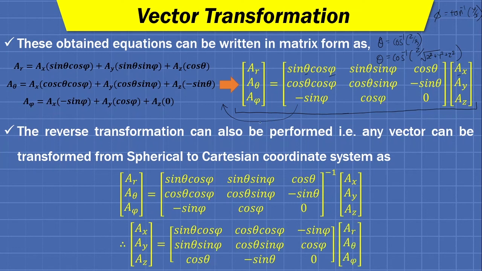Here you will also observe that the inverse of this matrix is exactly equal to the transpose of the same matrix.